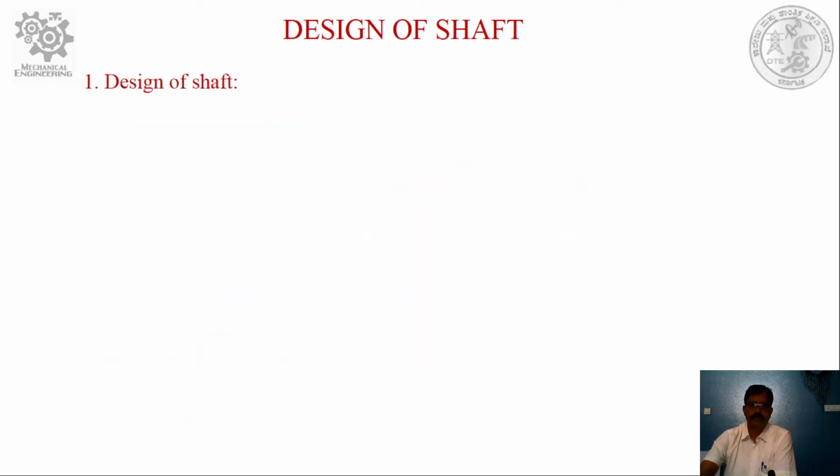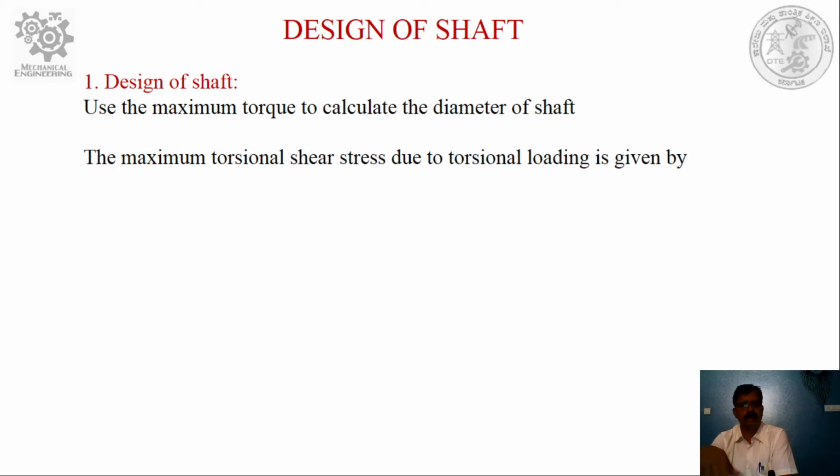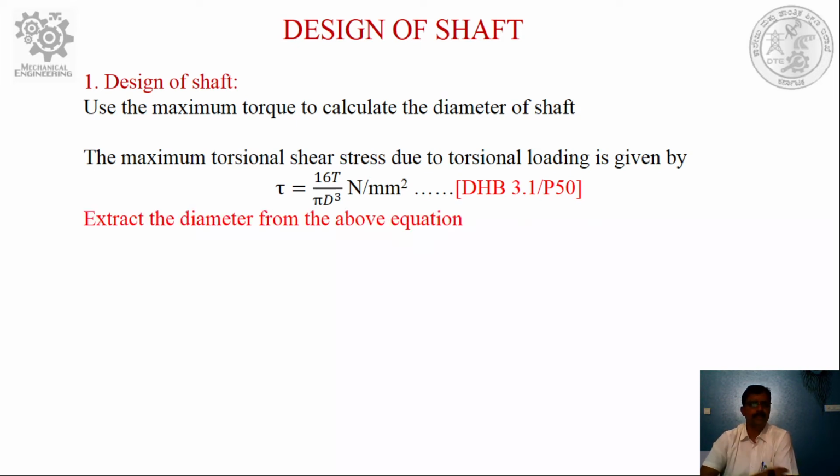Now we are going to design the shaft on the basis of pure torsion, using the maximum torque to calculate the diameter of the shaft. The maximum torsional shear stress due to the torsion loading is given by tau is equal to 16T divided by pi d cube Newton per millimeter square. Extract the diameter from the above equation and substitute the values here, that is d is equal to cube root of 16 into T divided by pi into tau millimeter.